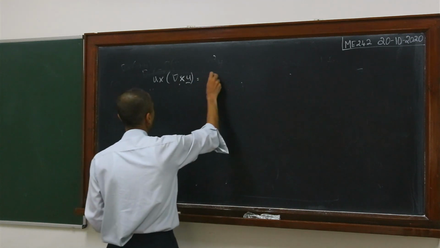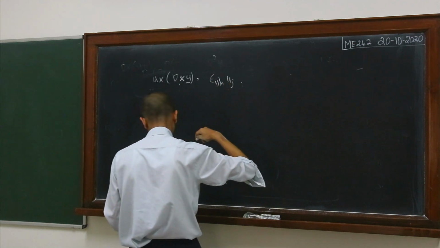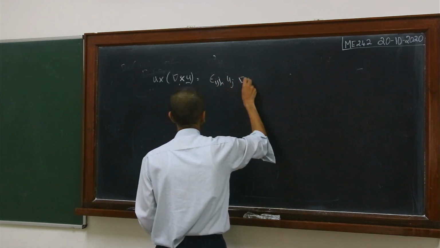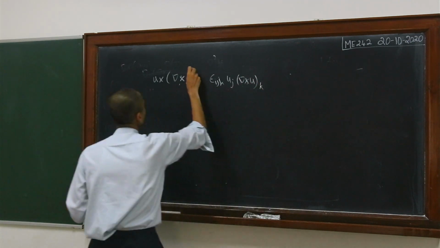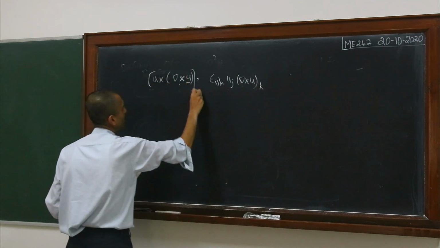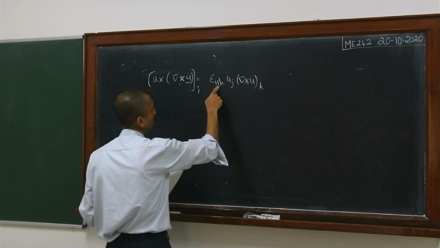So this is epsilon ijk uj times del cross u, the kth component. So I am writing now the ith component of this particular thing. So this is epsilon ijk.